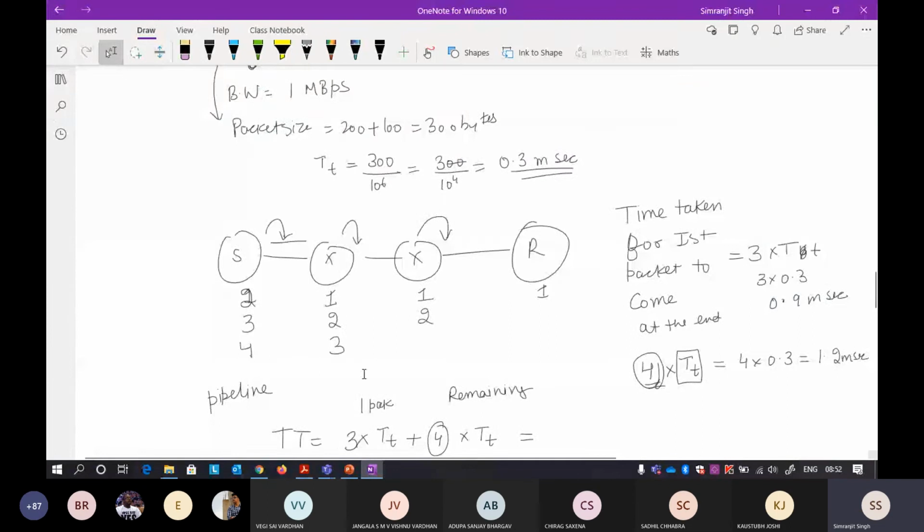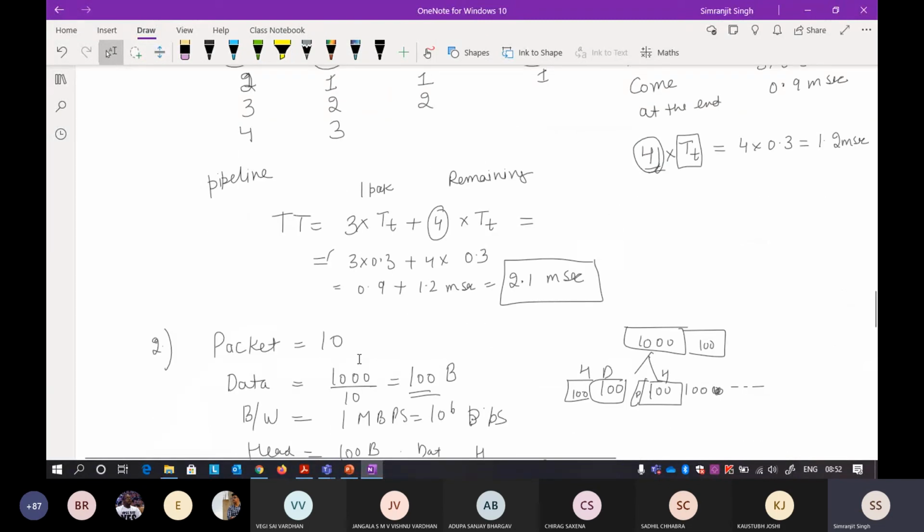Now I'll go to a very important topic, because now we are in the actual core computer network part. From now on you will see these kind of numericals and these kind of problems.